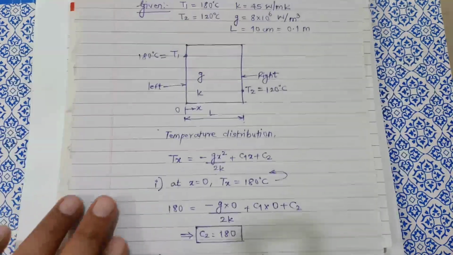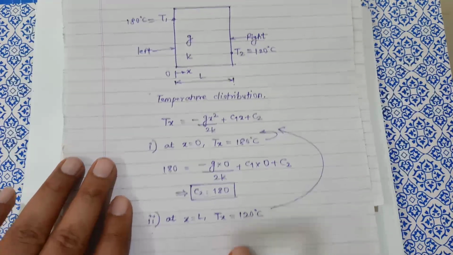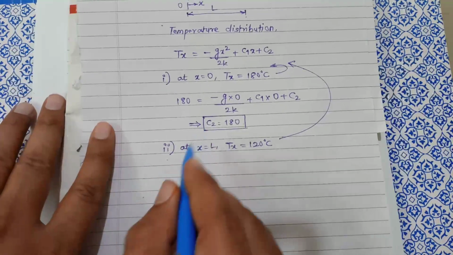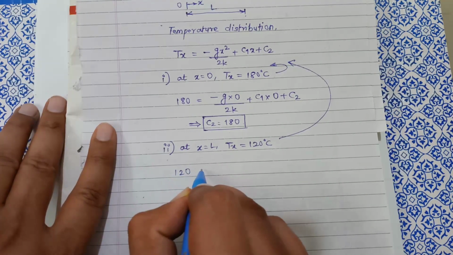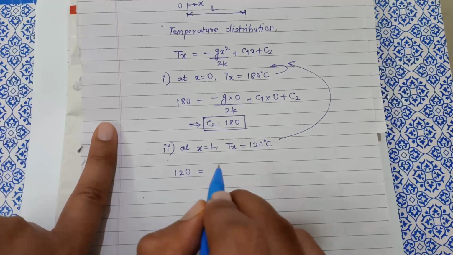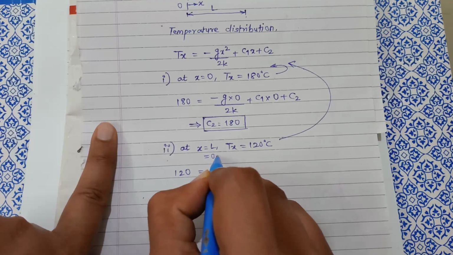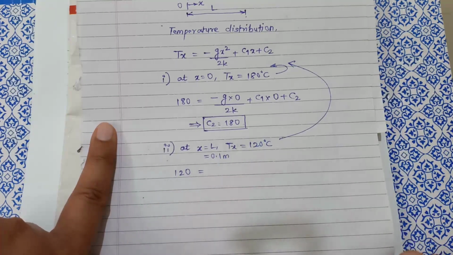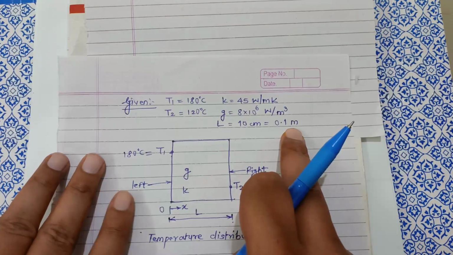We can back substitute this value in the equation of temperature distribution. On the left hand side we have 120 equal to, now I will write down the value of G and k, because now x is not 0. In this case x is 0.1 meter, as it was given in the problem statement itself.